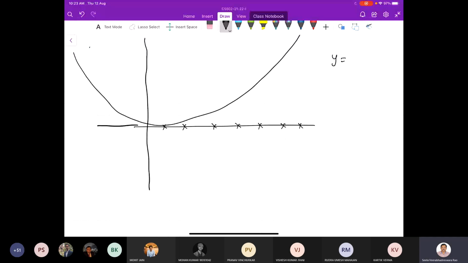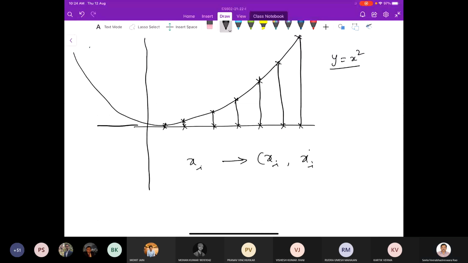So you lift each point vertically onto this parabola. Now you consider the points on the parabola. So basically we have one-dimensional points. This is mapped to a point in two dimensions by this way.